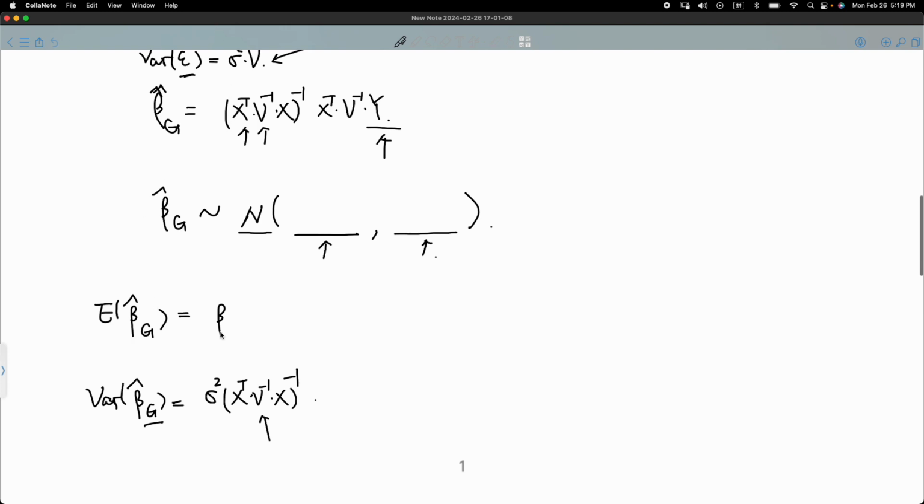If you want, just plug your estimator into the variance formulation and simplify, but here I'm just going to write down the answer for now. Any question regarding the high-level idea here? Any questions or comments?